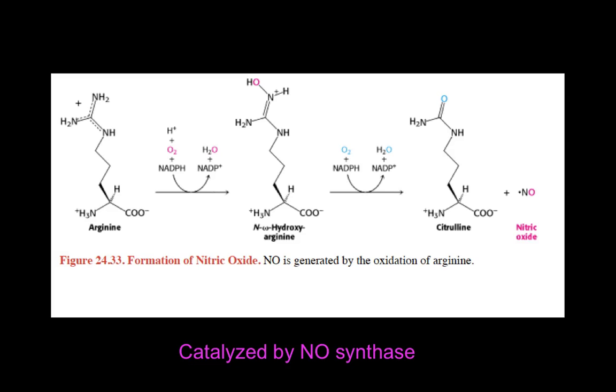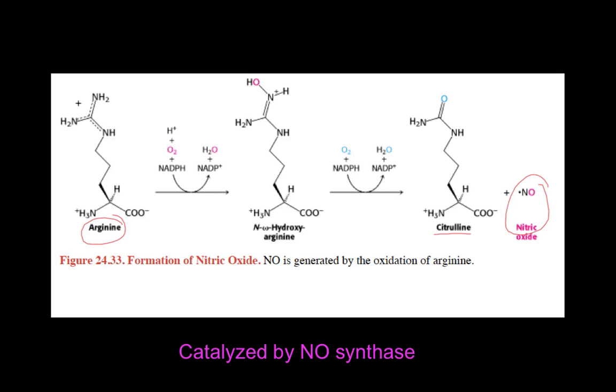So the formation of nitric oxide, because this is our biochemistry course, we are interested in these kinds of things. Alright? So the precursor molecule for nitric oxide will be arginine. And arginine will be converted to citrulline and nitric oxide.